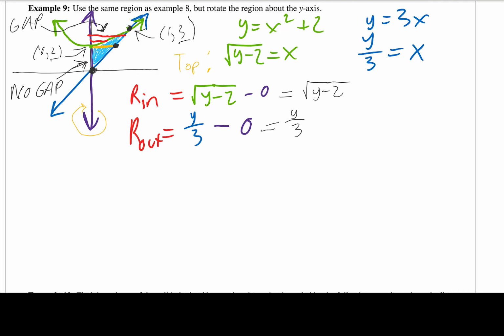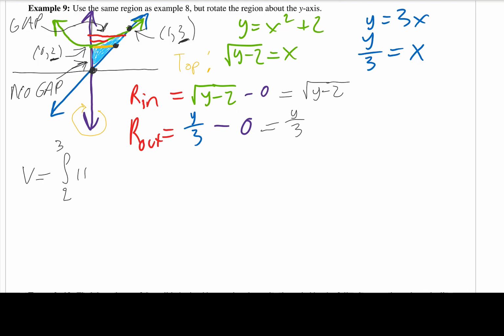So then our volume is going to be given by V equals the integral from, let's see, the top integration limit should be 3. That's what we have here. And the bottom integration limit should be 2. That's what we have here. Okay?